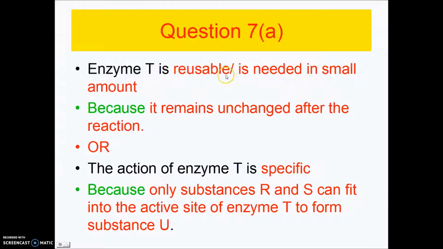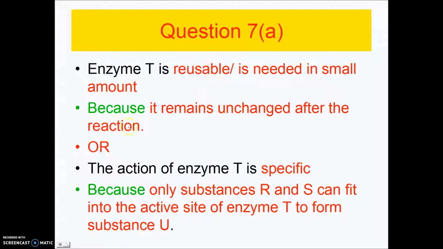Enzyme T is reusable because it remains unchanged after the reaction, one pair. Or the other pair, the action of enzyme T is specific because only substance R and S can fit into the active site of enzyme T to form substance U.